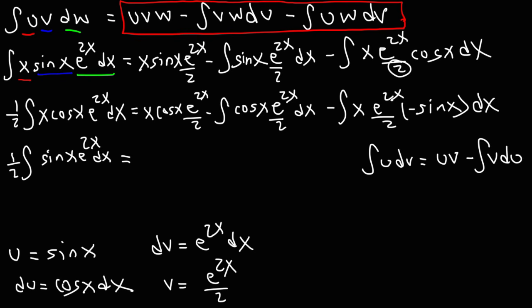So this becomes u times v, so that's 1/2 sine x e to the 2x minus the integral of v du. So that's e to the 2x over 2 times du, which is cosine x dx.